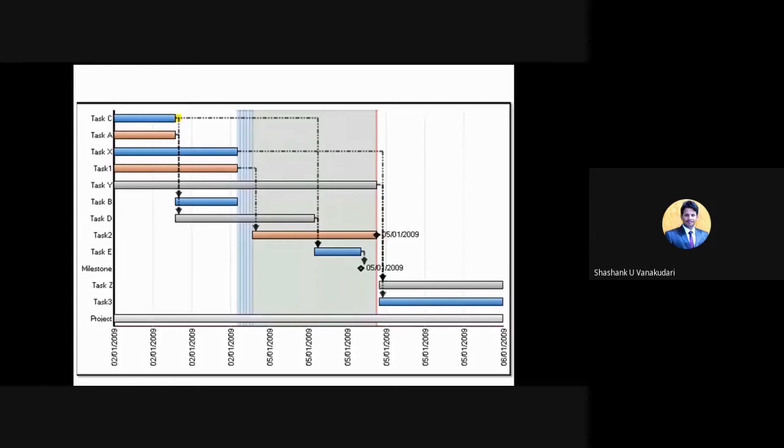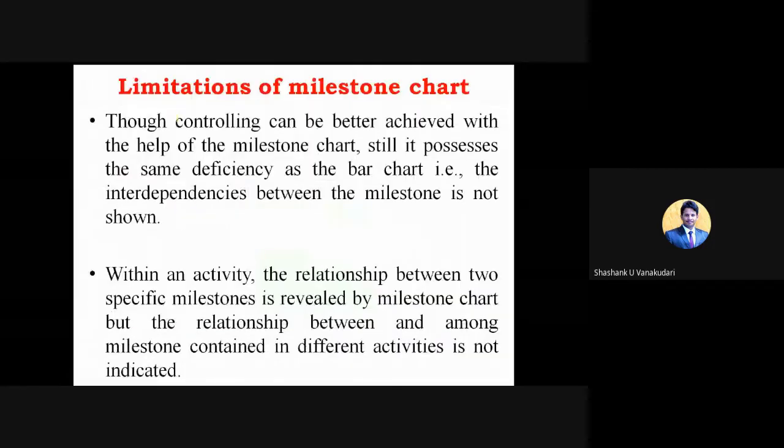And here are the limitations of the milestone chart. Though controlling can be better achieved with the help of the milestone chart, because we have divided the main activity into sub activities so that we can easily monitor, even if we have achieved that, it still possesses the same deficiency as the bar chart.